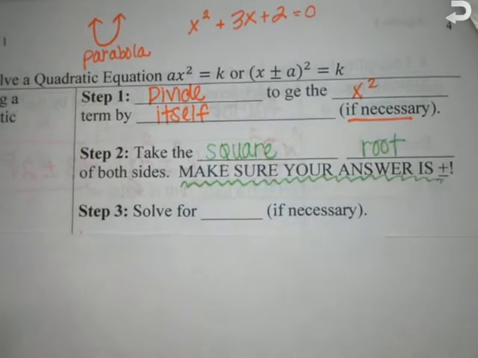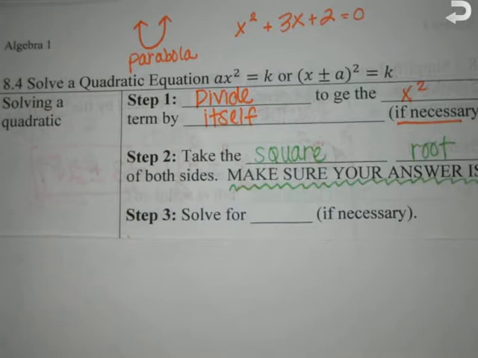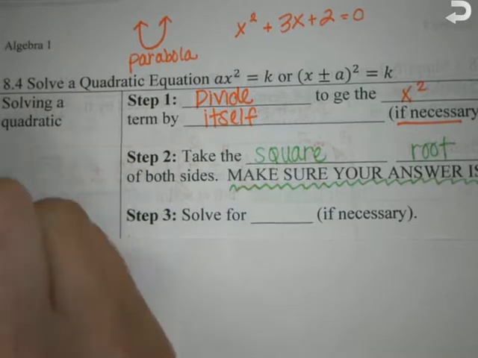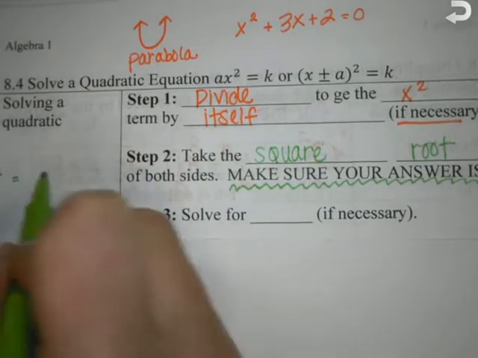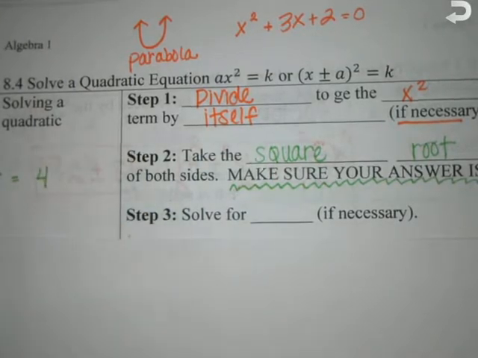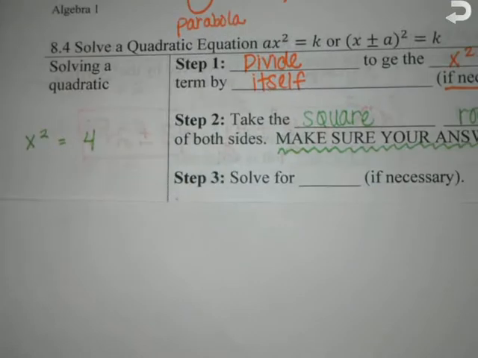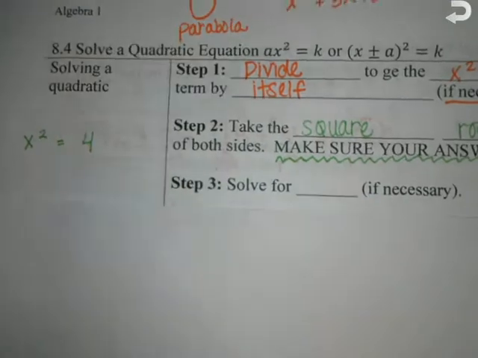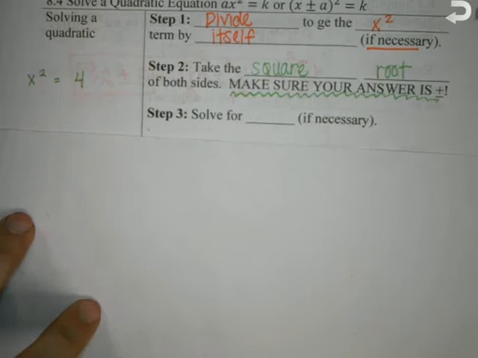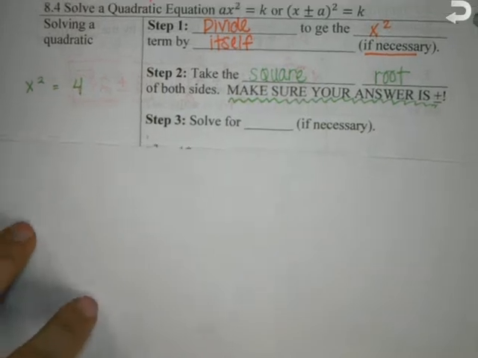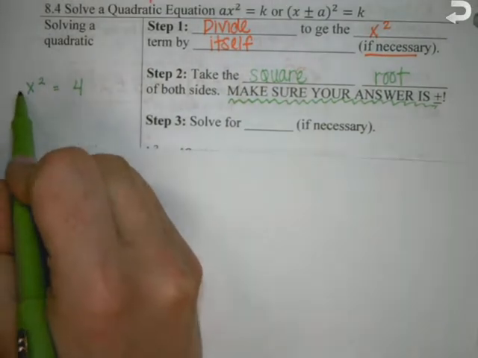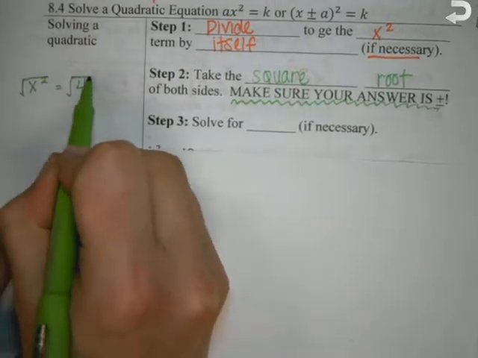Let's look at this. If I tell you the answer to x squared equals 4 is 2, okay, so I have x squared is equal to 4. How would I solve for this one? I take the square root of both sides, right?